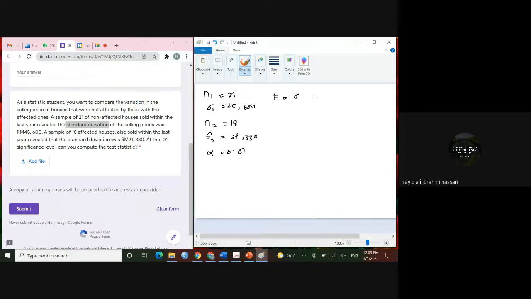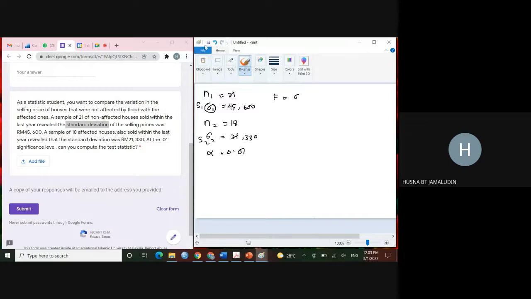Sigma square 1 over sigma square 2. Okay, cool. Basically, instead of putting sigma, because if you look at the question, it is a sample, the right side should be S1 instead of sigma. But well, that's fine because it will not change anything.